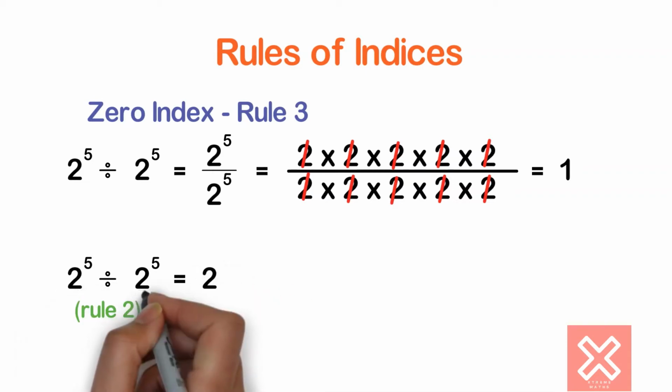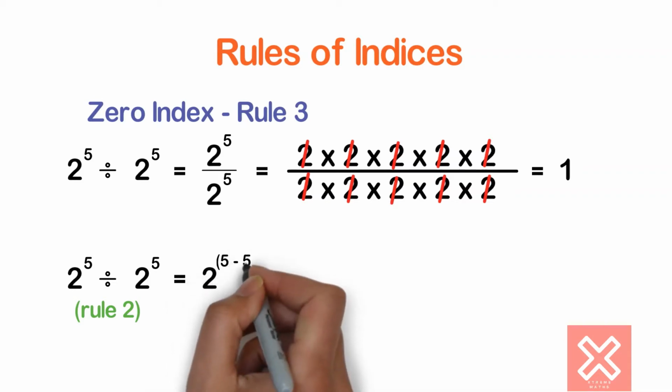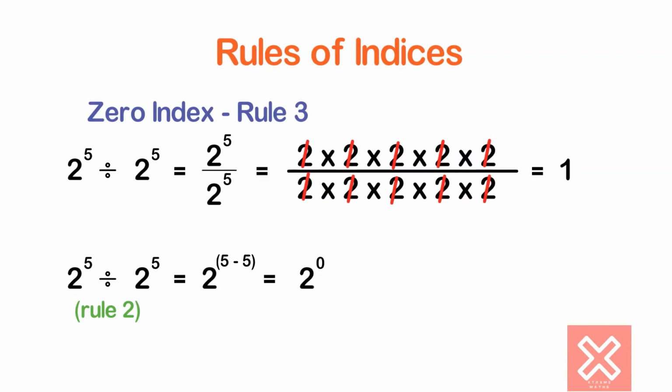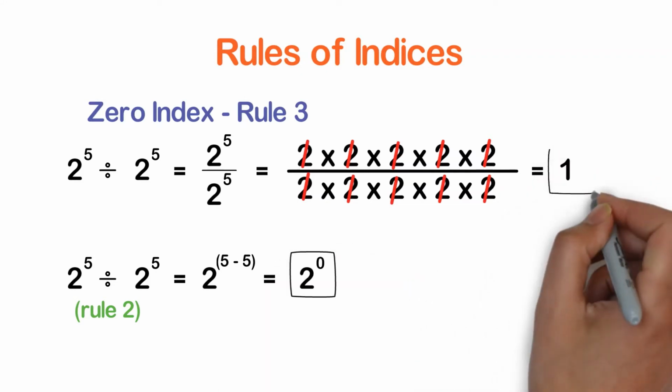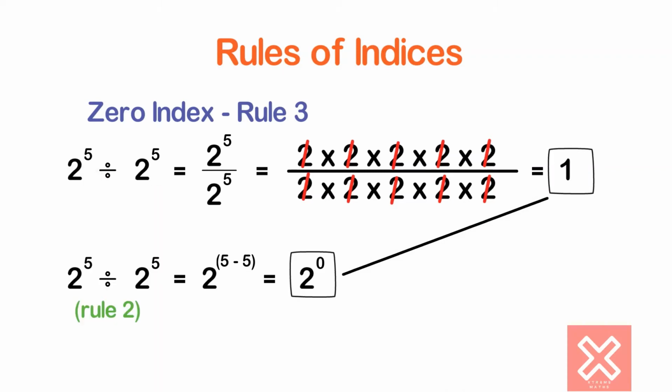Bases are the same, base is 2 here. 5 subtract 5. Answer is 2 to the power 0. Then you can write 2 to the power 0 equals 1 from the first simplification, and from the second simplification 2 to the power 0 equals 1.